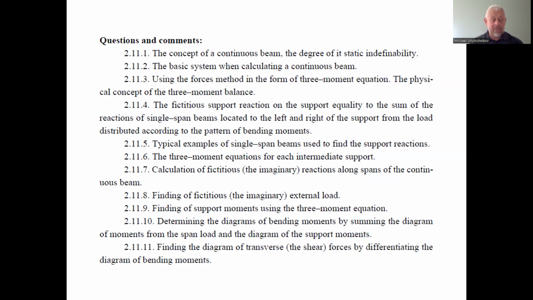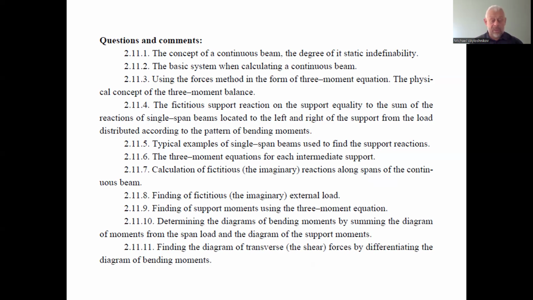So we consider the spans to the left and right and the diagrams of bending moments to find the fictitious or imaginary external load.